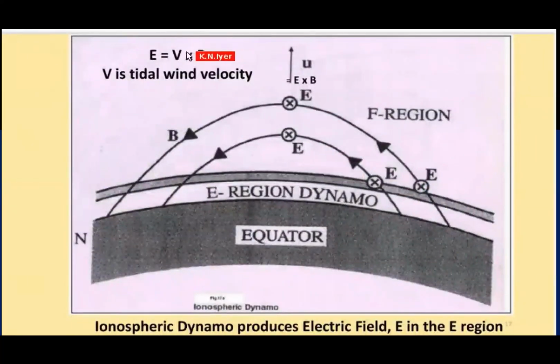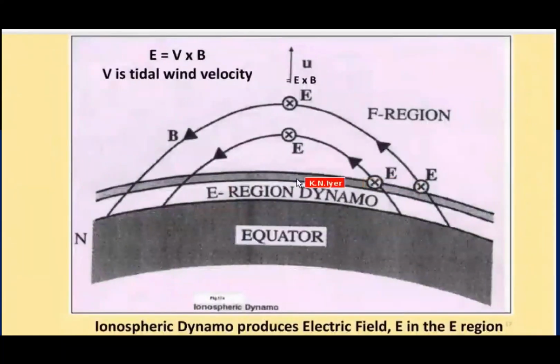So the vertical component of the magnetic field B, crossing with a northward or meridional component of the tidal wind V, will give rise to an electric field which is in the eastward direction. This is what is represented by this E here.